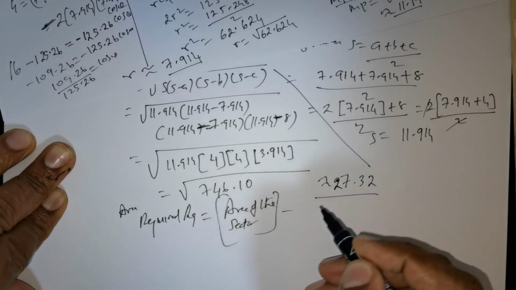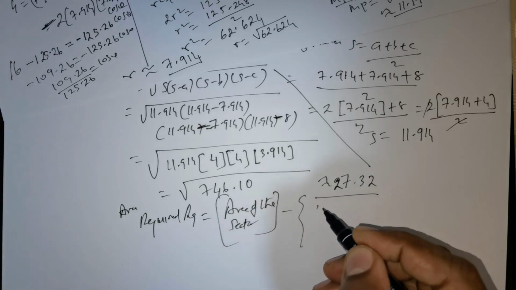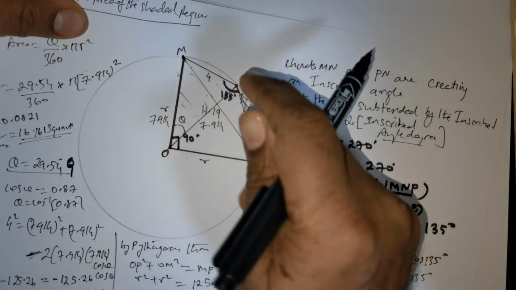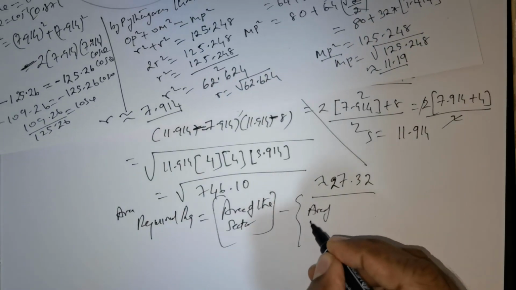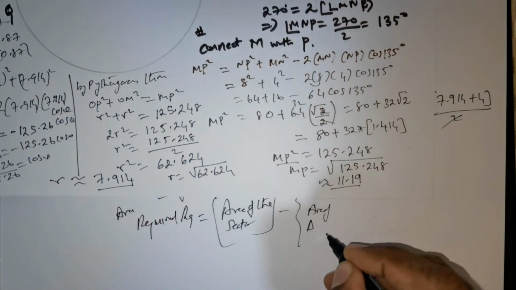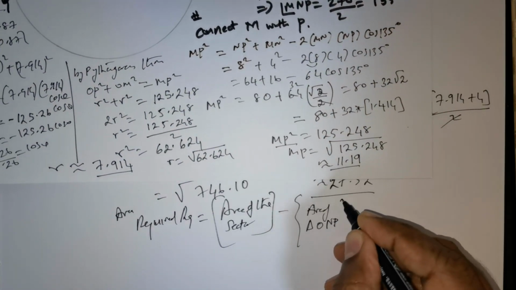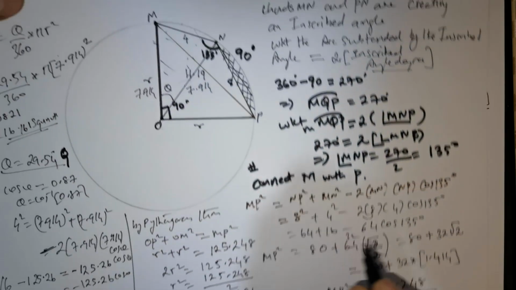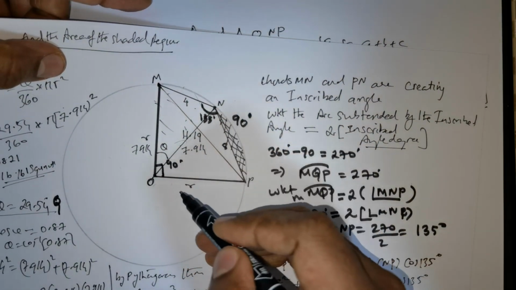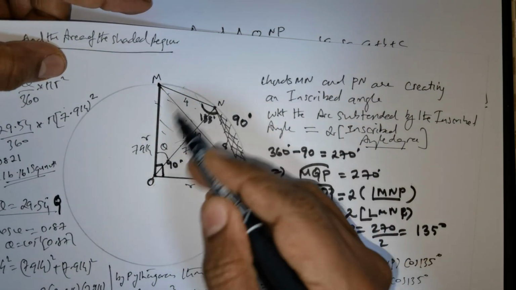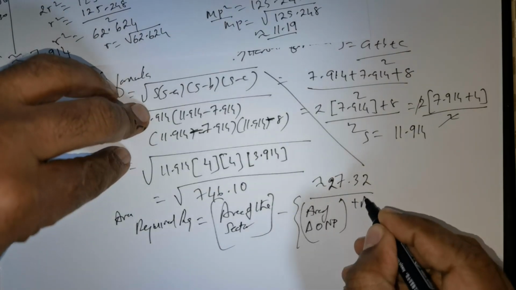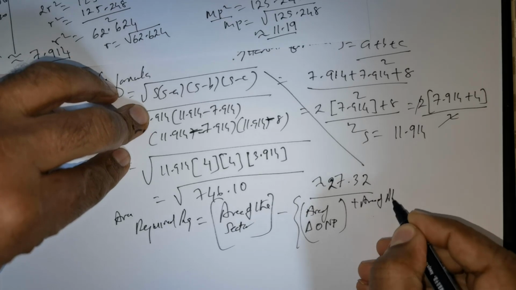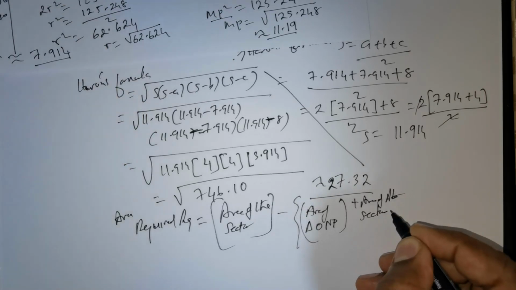From the area of the sector, I'm going to be taking away this triangle, area of triangle ONP, and then I'm going to be adding this sector, area of the sector.